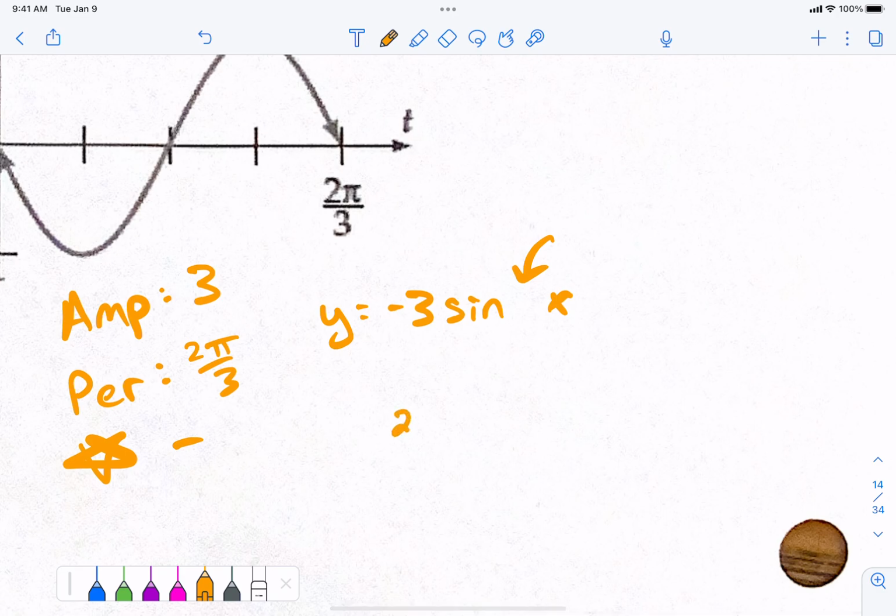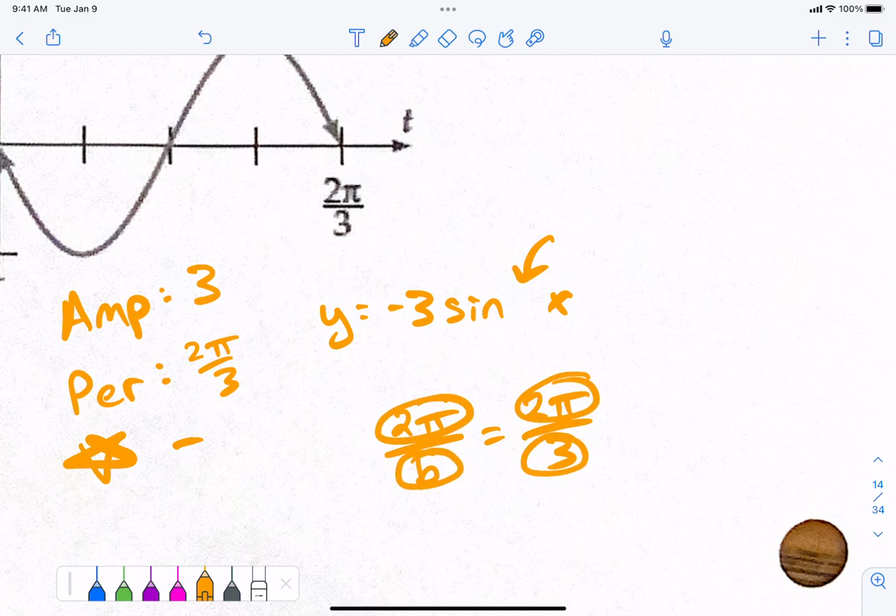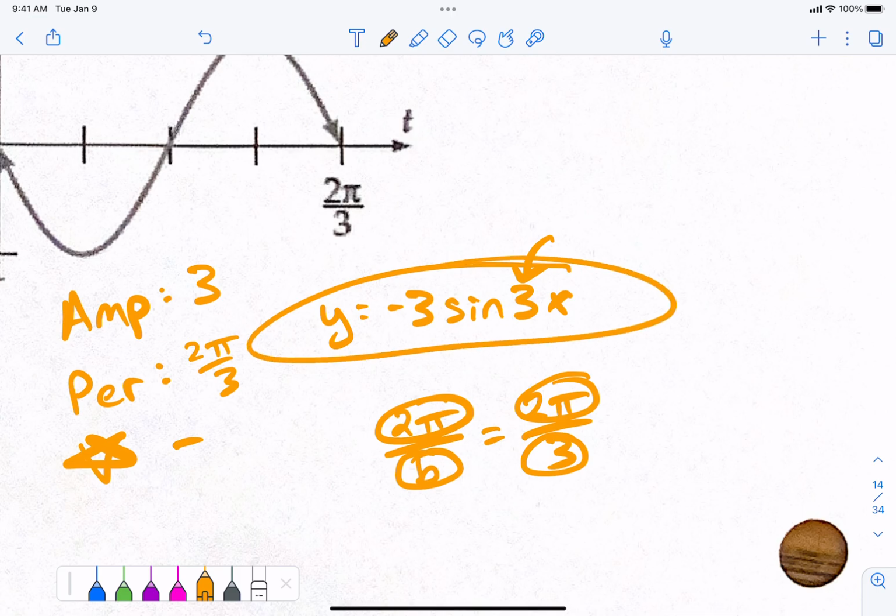Okay, so I know that 2 pi over B has to come out to be 2 pi over 3. What does B have to be? 3, right? Does that make sense? This is 2 pi, this is 2 pi, so B has to be 3, right? You see how that works? So 3 goes there. You could cross multiply and divide or solve it, but you're going to get 3 as the answer, right? There's what it looks like. Okay? Happy with that?